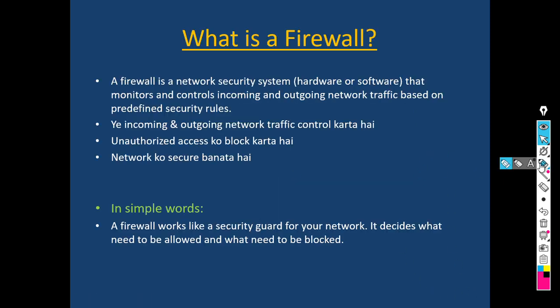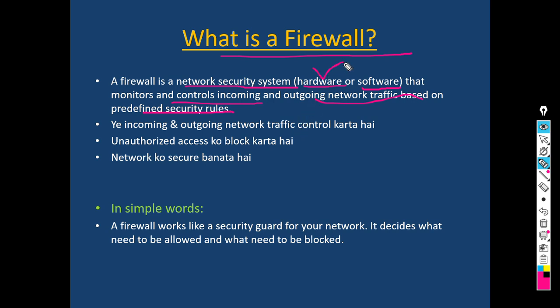So first we need to understand what a firewall is and what it does. A firewall is a network security system. It could be in the form of hardware or in the form of software that monitors and controls incoming and outgoing network traffic based on predefined security rules. So basically, we have two forms of firewall.